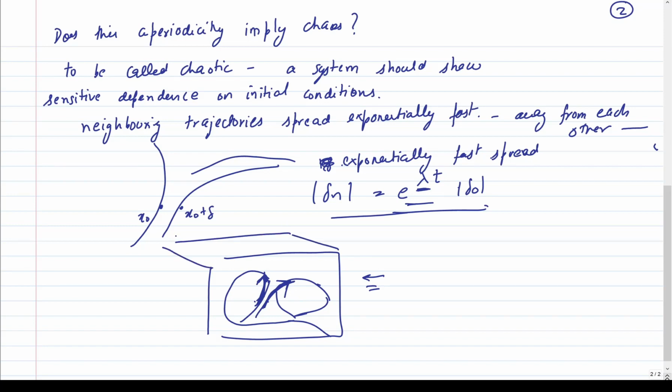These trajectories may be in 3 dimensions or higher dimensions, but that's essentially what's happening. So, exponential separation of trajectories initially.